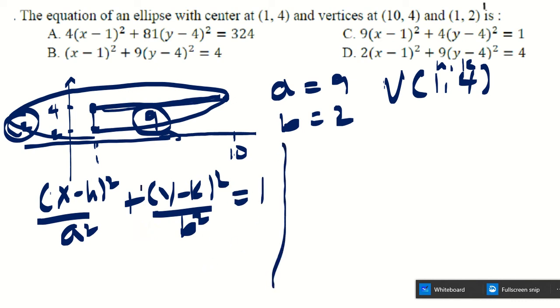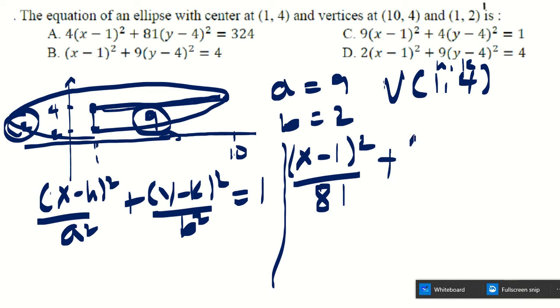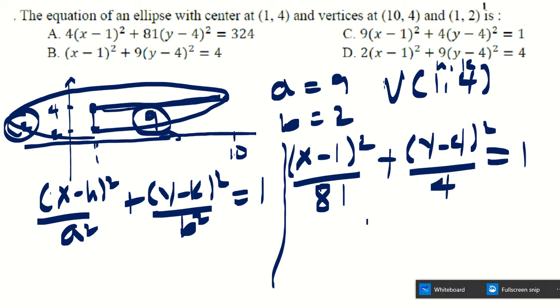Okay, let's do it. So (x minus 1) the whole squared, because h is 1, over a squared, which means 9 squared, which is 81, plus (y minus 4) the whole squared over b squared, which means 2 squared, which is 4, equals 1.